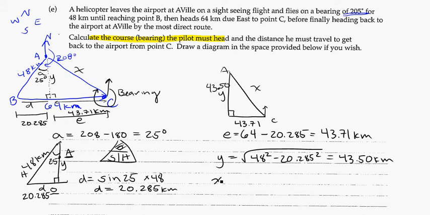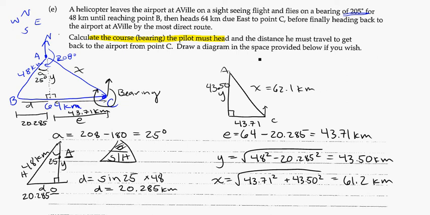So x is equal to, that happens to be the long side, 43.71 squared plus 43.50 squared, square root, and that is equal to 62.1 kilometers.